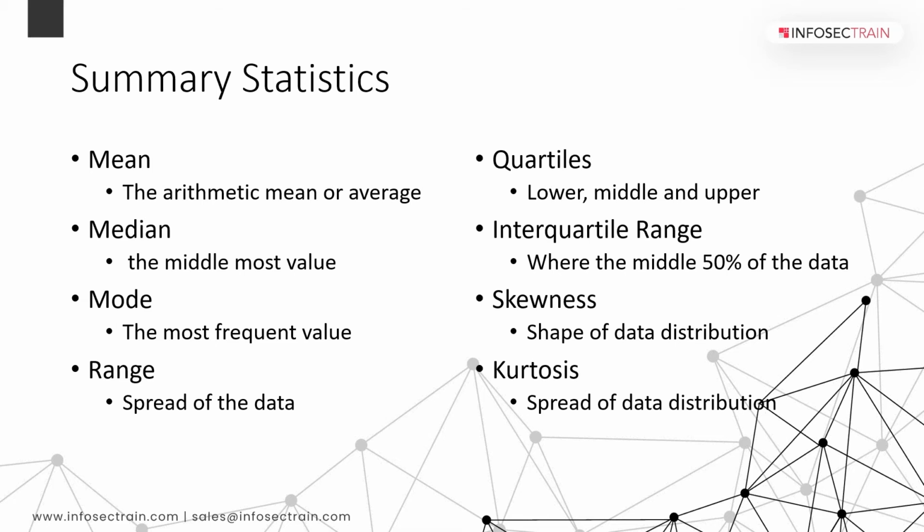Likewise, in probability we are dealing with multiple probability distributions, guys. We have a discrete probability distribution as well as a continuous probability distribution. On the basis of these probability distributions, we can do a lot of calculation and a lot of pre-processing on the data.